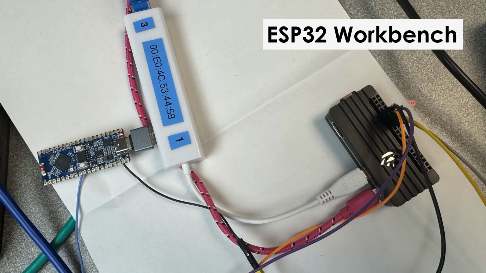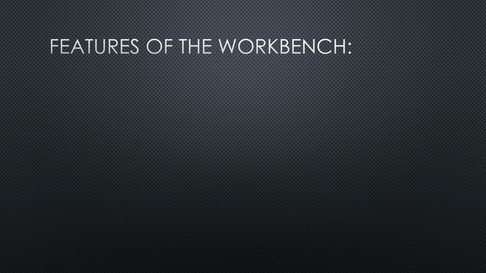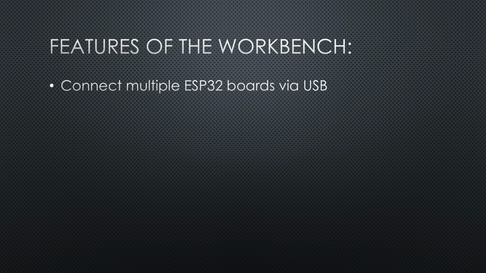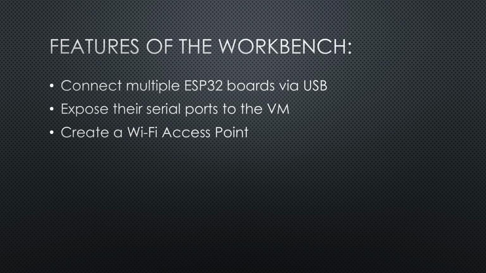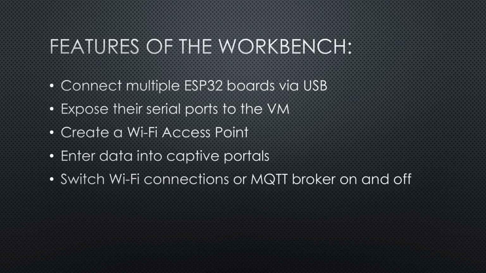It is a Raspberry Pi Zero 2W with a USB hub and several Python programs. This small system can connect multiple ESP32 boards via USB, expose their serial ports to the VM, create a Wi-Fi access point, enter data into a captive portal, switch Wi-Fi connections or MQTT broker on and off, and monitor serial output automatically.